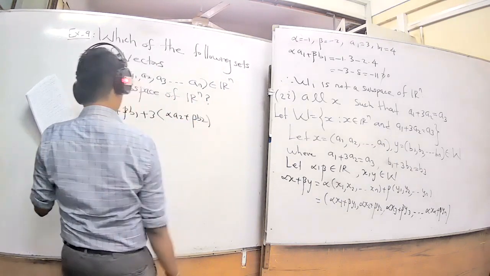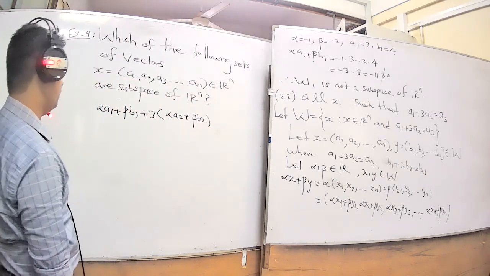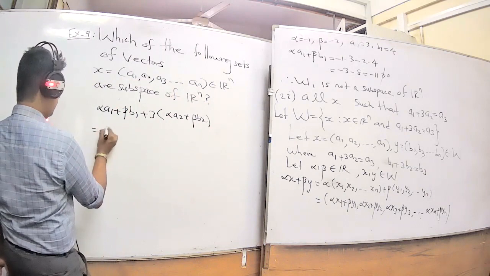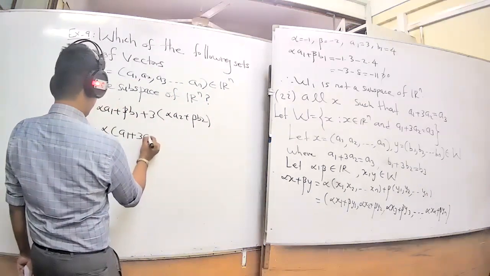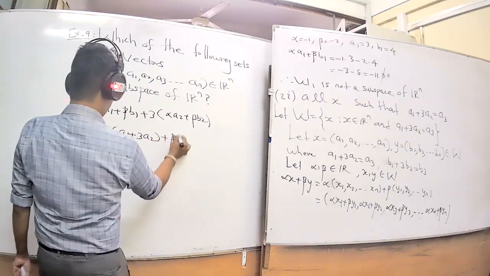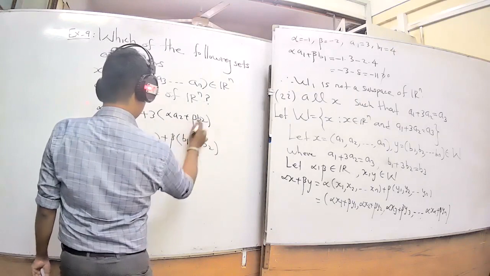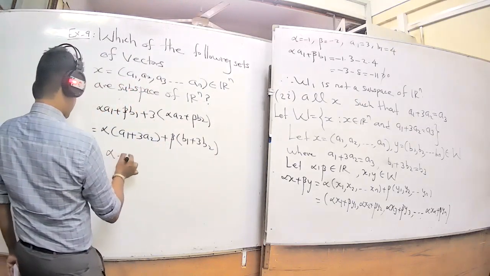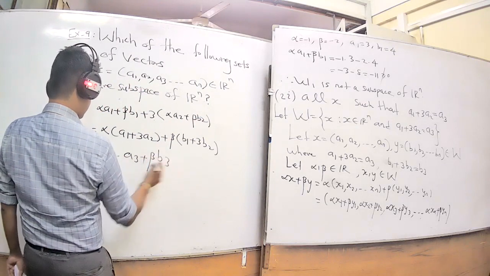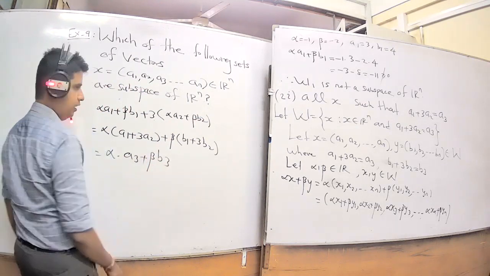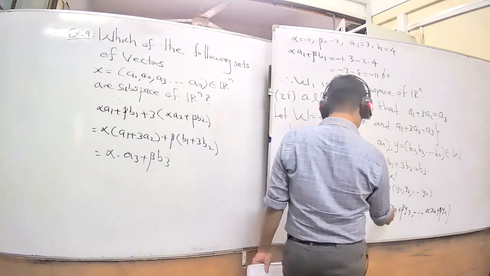You want to get which one? Alpha times a3 plus beta times b3. That's the thing you want to get. Okay, check that one. Alpha times (a1 plus 3 a2), beta times (b1 plus 3 b2). This is the third term.